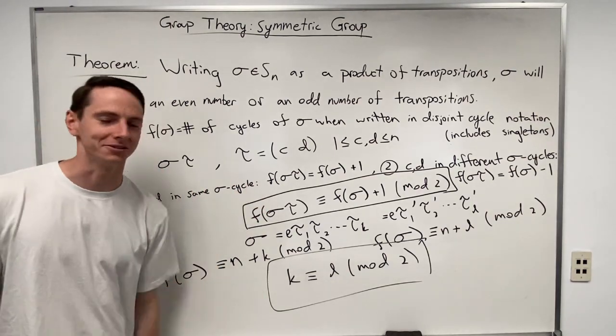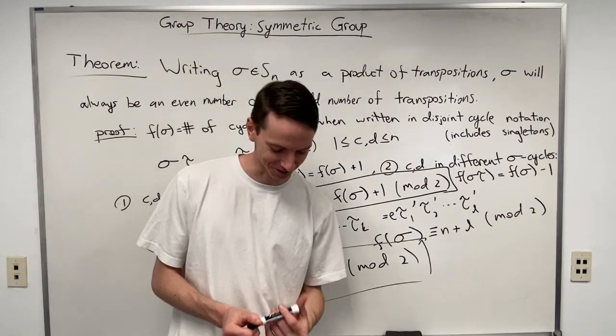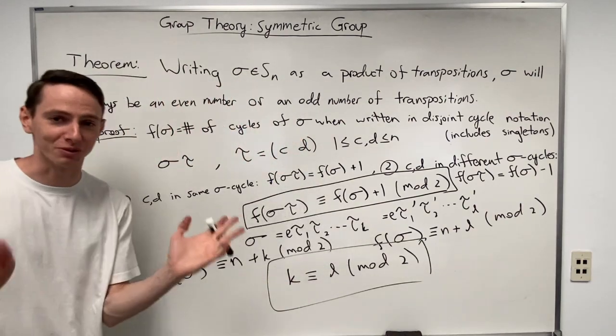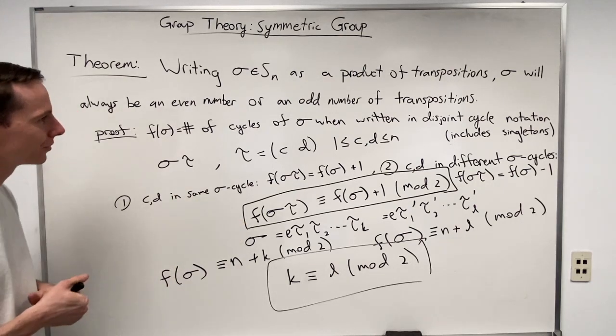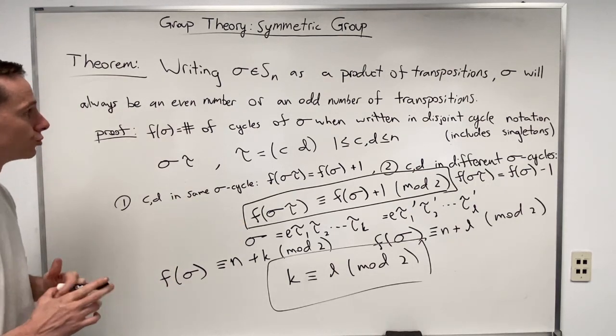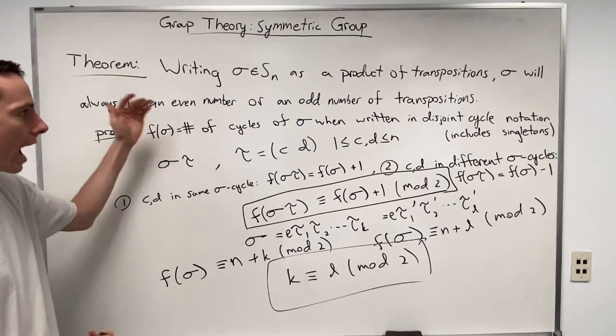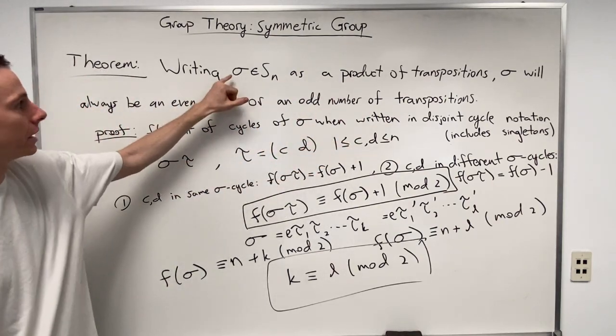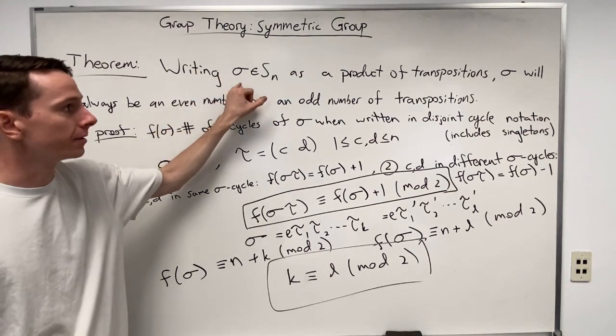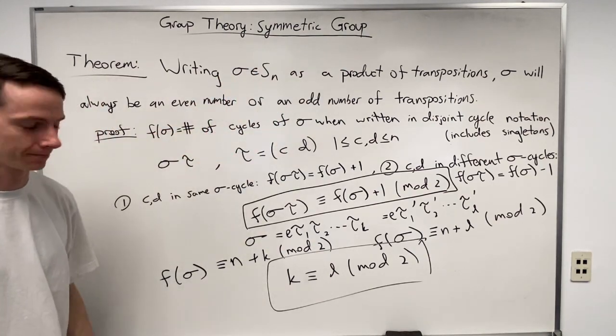Maybe even pause to take a guess if you're not sure. Now, assuming we paused, or we haven't, the sign function is simply going to represent how many transpositions we have when a permutation is written as a product of transpositions.